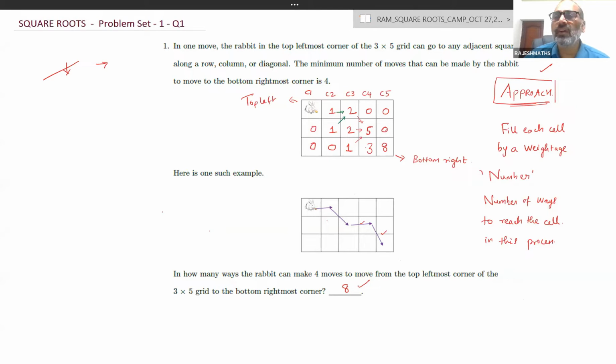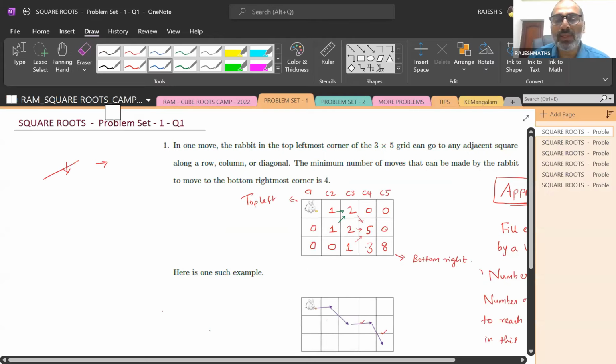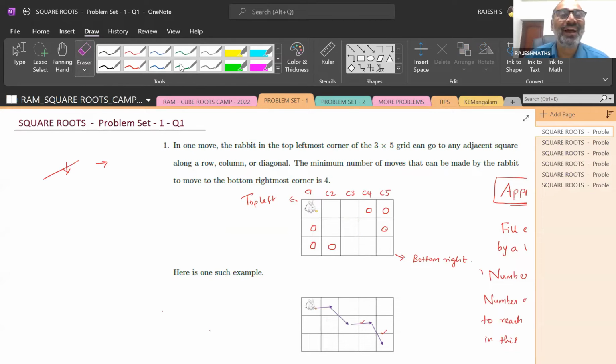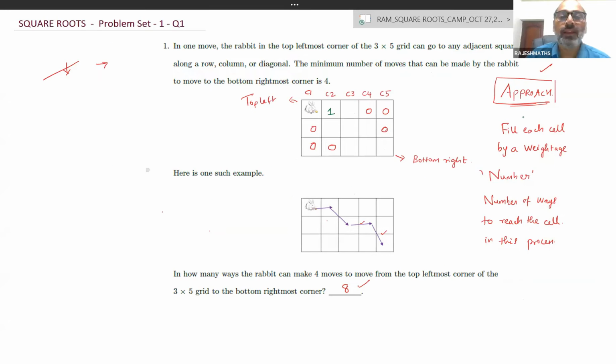Let me rub it out again and show you. But if one person is going to pull me back, it is pulling back the entire class. But you should understand, there is only one way the rabbit comes here.